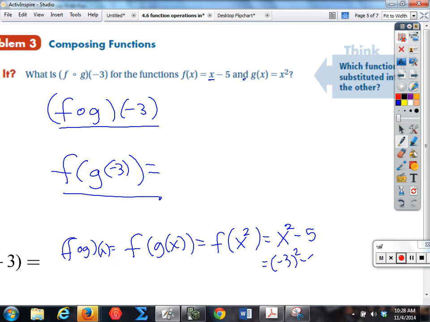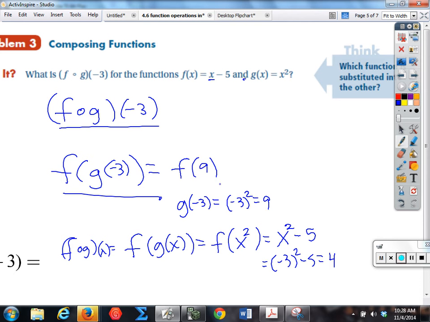Or I could find what g of -3 is. So what's g of -3? -3 squared, 9. Right? So when I want to find f of this, which is just 9, I just plug 9 into f. 9 minus 5. 4.